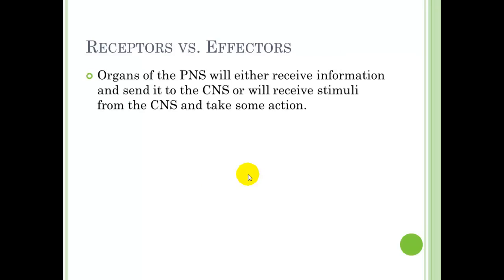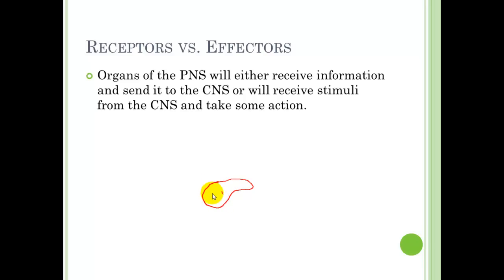Receptor versus effectors. Organs of the peripheral nervous system will either receive information or send it to the central nervous system, or will receive stimuli from the central nervous system and take some action. So what this means is the peripheral nervous system is set up to where, let's say that we have the liver, not drawn to scale.